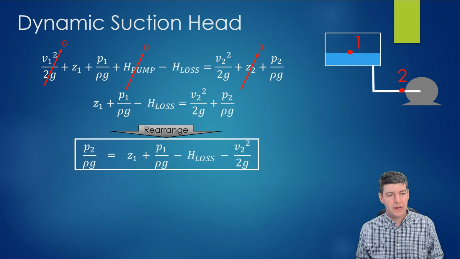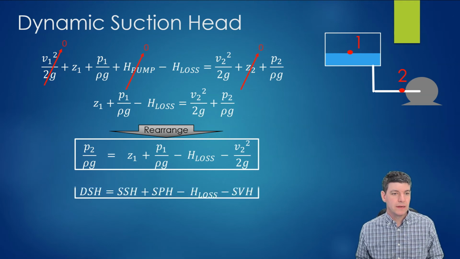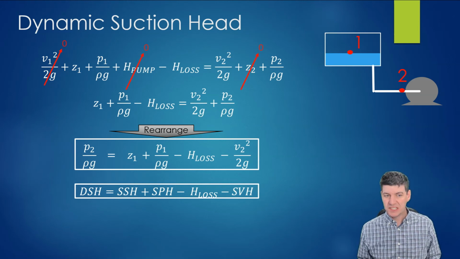And so we have a whole bunch of equations if we break that out from Bernoulli's equation. And if we write it out just in terms of what they are, we have dynamic suction head. It's going to be equal to my static suction head plus my static pressure head minus my losses minus my static velocity head. So we can think of it this way.